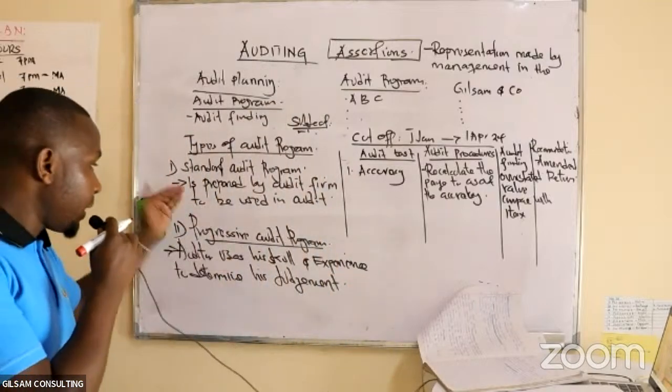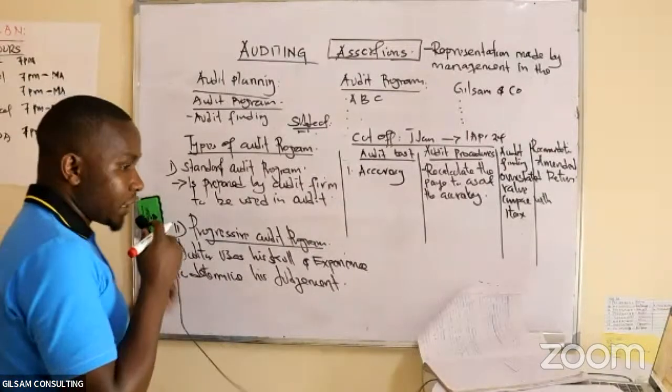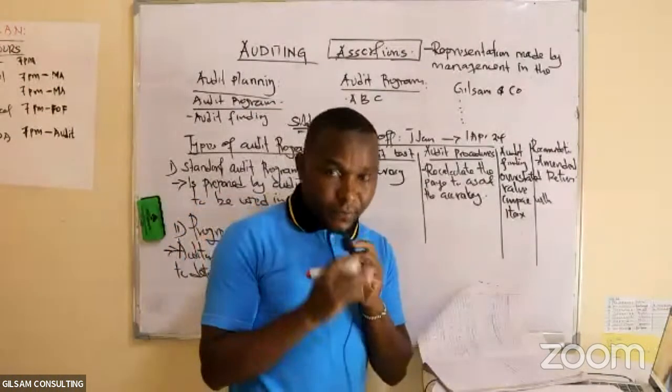So that's what is called the progressive audit program. So you need to differentiate the two. The examiner can ask you to differentiate between the two.